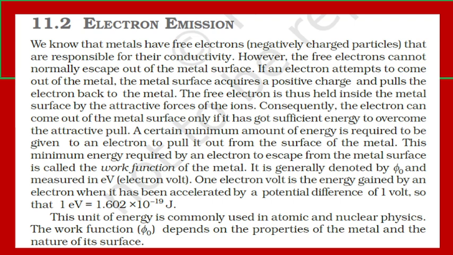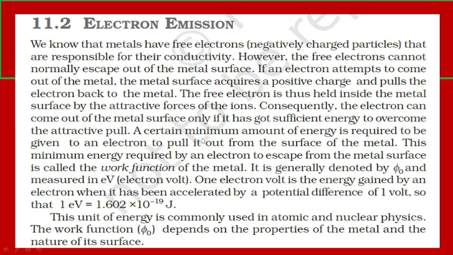It means certainly the electron needs some minimum amount of energy, and only when that minimum amount of energy is reached, or more than that, will the electron leave the surface of the metal.